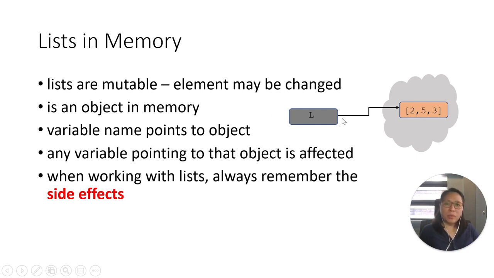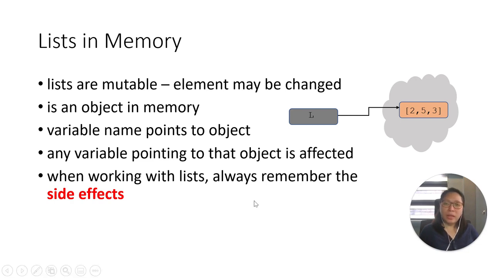A variable name is bound or points to this object, and any other name that binds to this list object can actually change the value of the elements in this list. So when we work with lists, we have to remember the side effects of the changes that we apply on the list object.